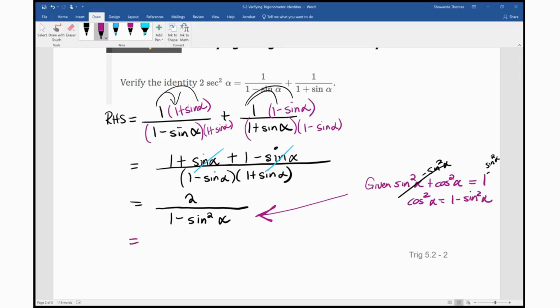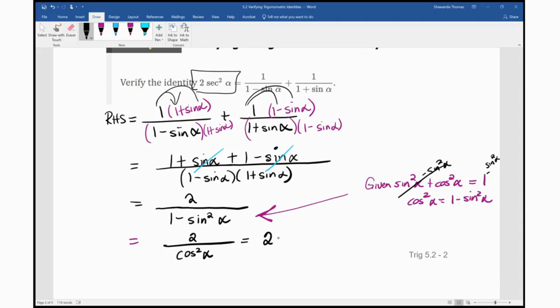Okay, so that's 2 over cosine squared alpha. We're getting close. How can I get it to be 2 secant squared alpha? Okay, here's how you do it. You separate it.